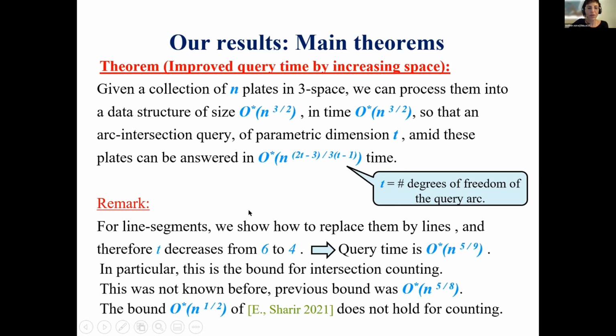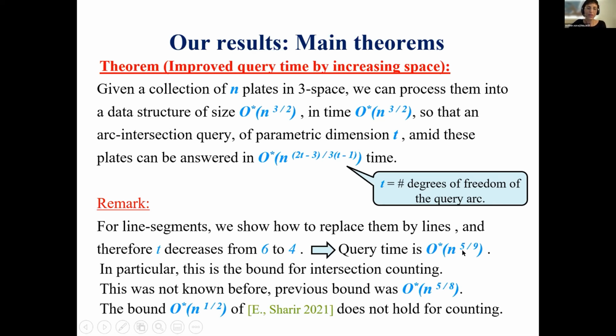Just to give you a few examples of the bounds that we get: for line segments, we know how to replace line segments by lines, and therefore the number of degrees of freedom decreases from 6 to 4. And this result implies that the query time is n to the 5/9.